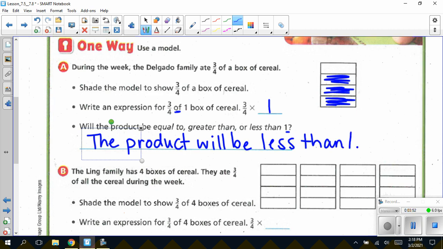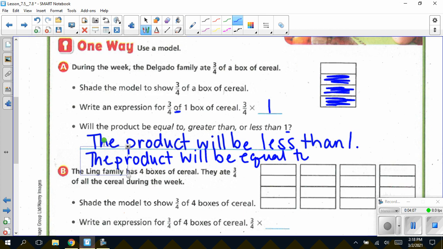I also know the product will be equal to 3/4. Because again, any factor times 1 always equals that original factor.